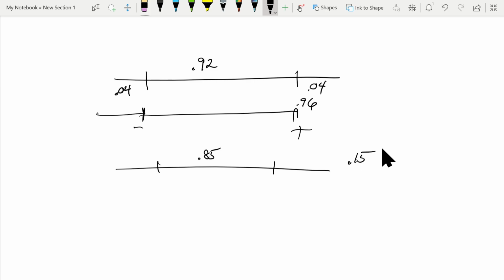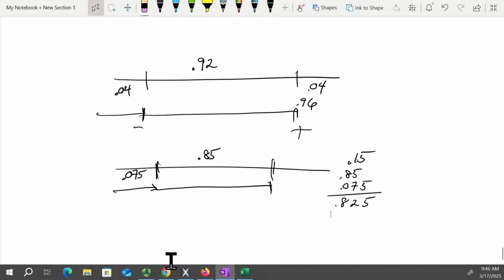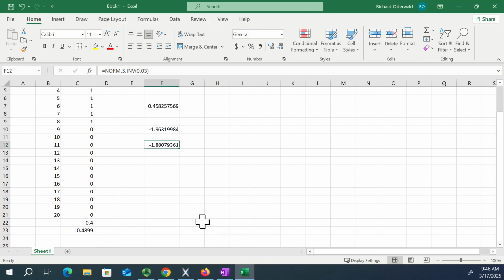What's in 1/2 of the ends? 0.075 or 0.075 plus 0.85, 0.925. 0.075 or 0.925, and it is norm.s.inv.